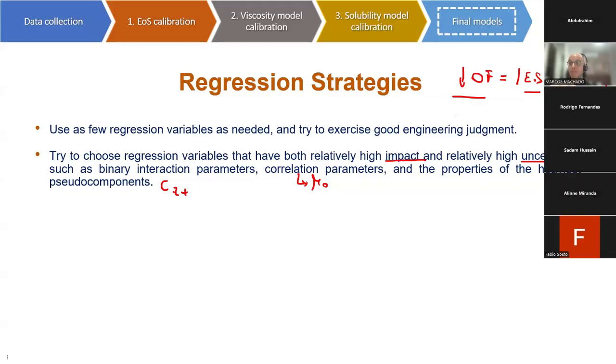It represents a lump of components, and those components are very different. You can have components with 7 carbons, but you can have components with 20 carbons, and you are characterizing this component using a single set of properties. You are using only one value of critical pressure, critical temperature, and acentric factor. So you are modeling things that are different as if you considered that bananas, apples, and pears are the same thing.